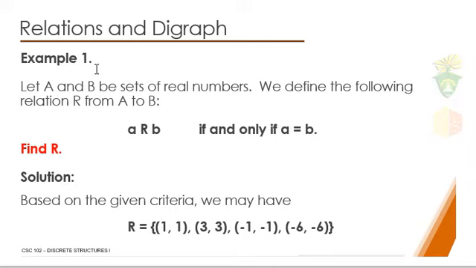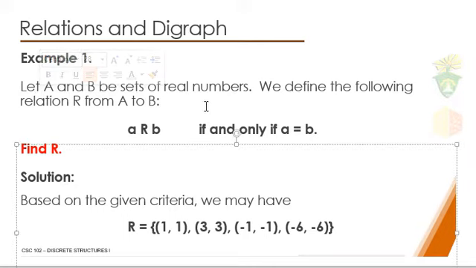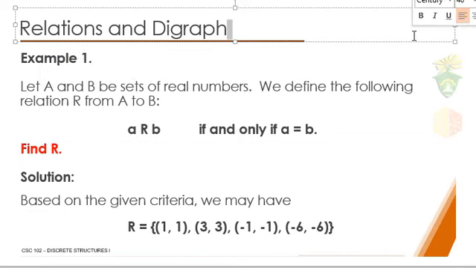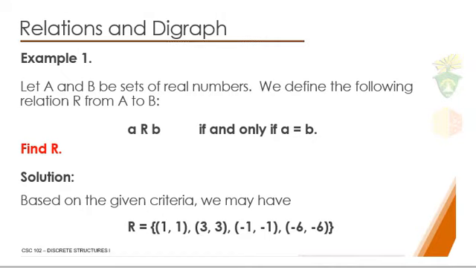So, example number 1. Let A and B be sets of real numbers. We define the following relation from A to B. So, yun ani. A is related to B if and only if A is equal to B. So, in short, naa lang sila'y relasyon duha ang duha ka elements kung pareho sila og value.